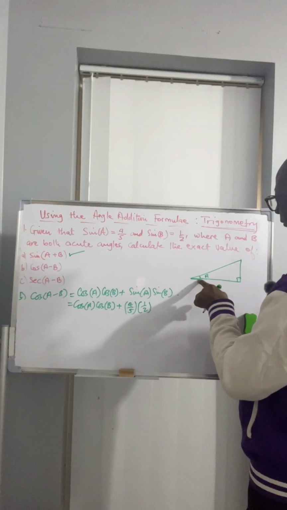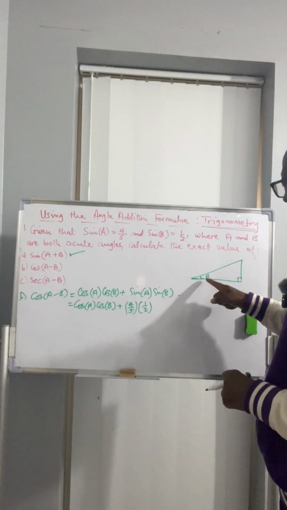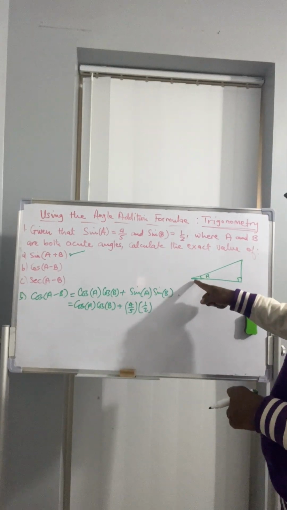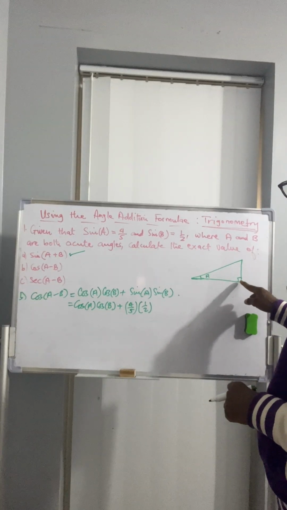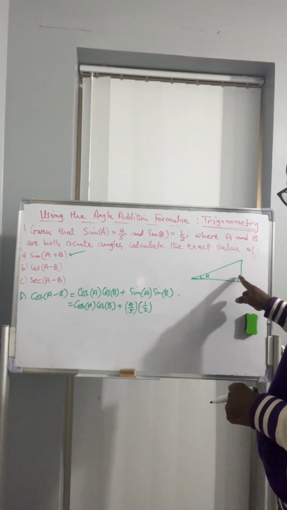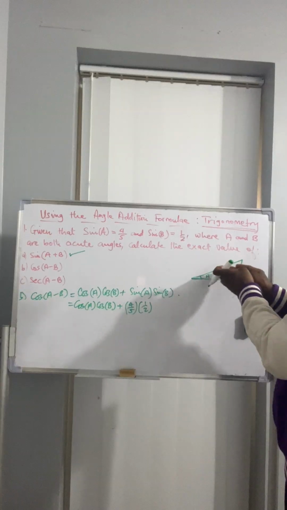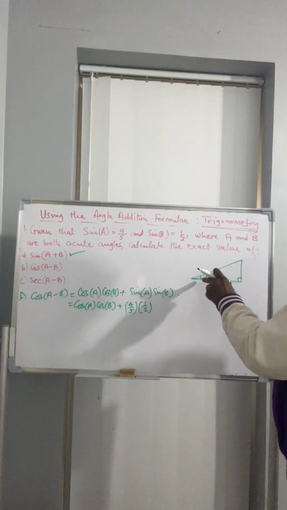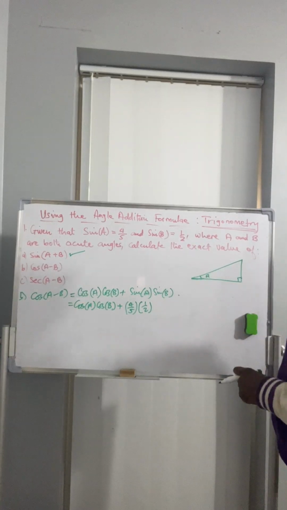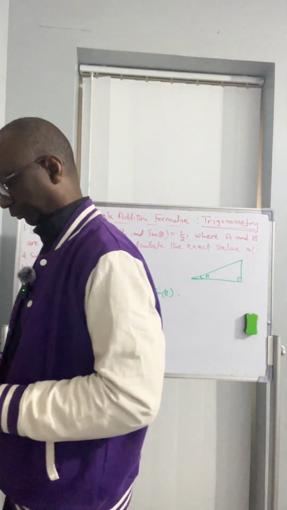Right angle triangle. Angle A, we know, is more than 0 degrees, but it's less than 90 degrees because this is your 90 degrees here. You can't have another 90 degrees. This is your 90 degrees right angle triangle. Right? Because the sum of the angles inside this triangle is 180 degrees. So if this is already 90 and this is not 0, this is not 0, so this cannot be 90 degrees. Right?